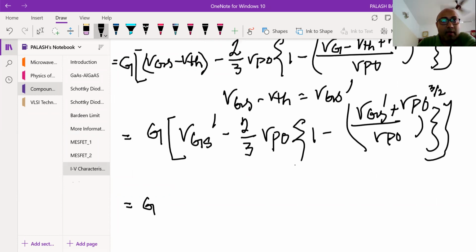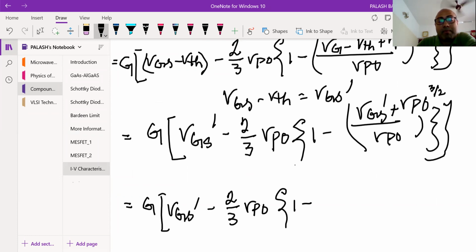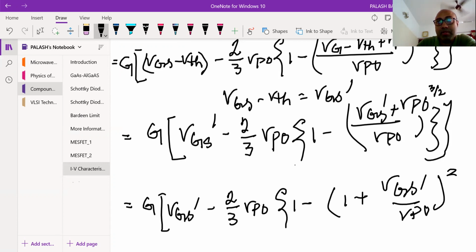G VGS bar minus 2/3 of Vp0, 1 minus 1 plus VGS bar over Vp0 whole to the power 3 by 2.